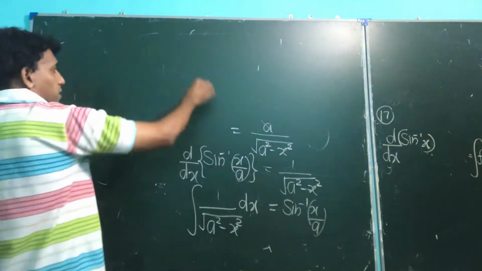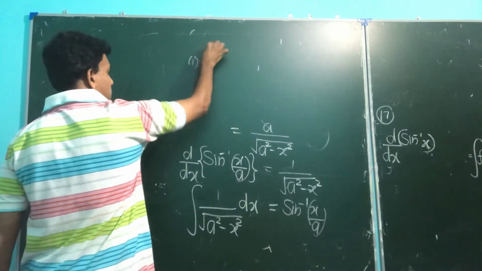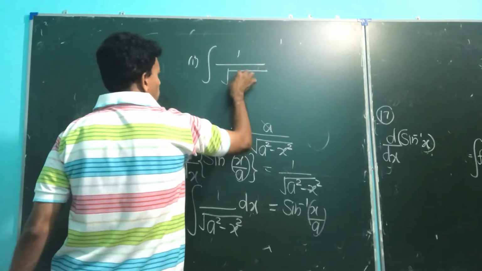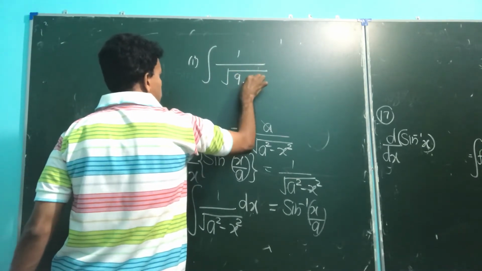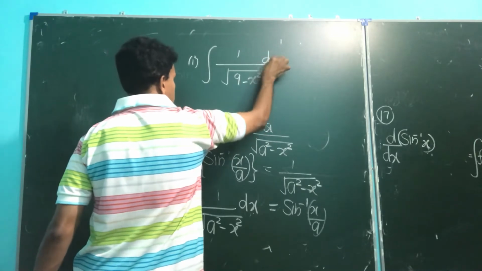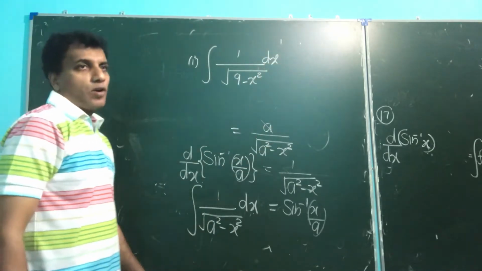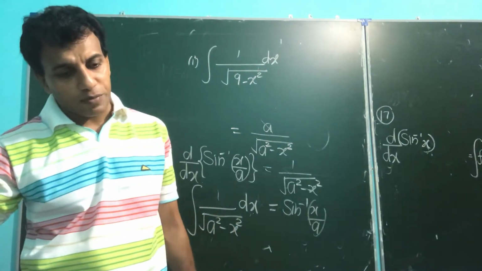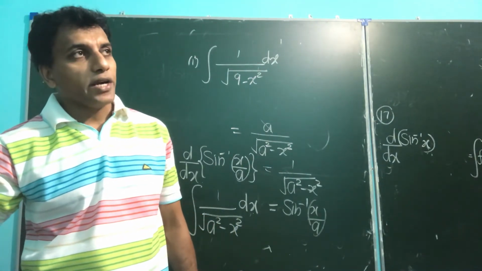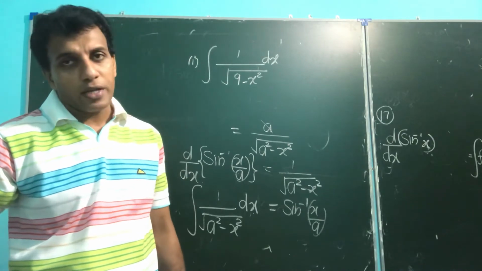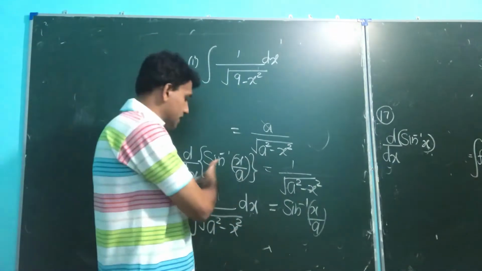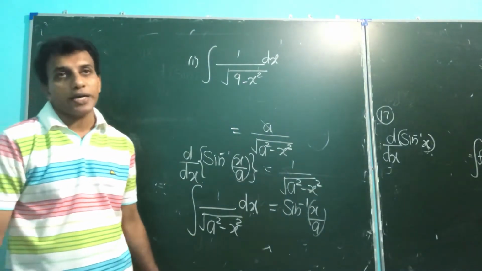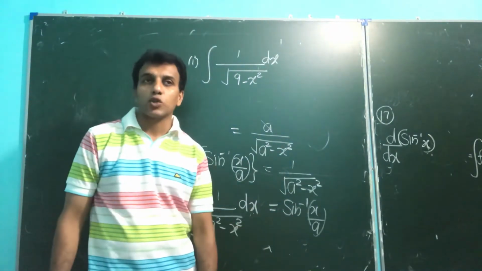See one example. Integral of 1 over square root of 9 minus x square dx. So find the integration of that. That's clearly the standard form: 1 over square root of a square minus x square is sine inverse x over a.